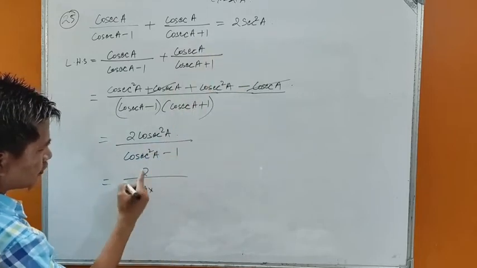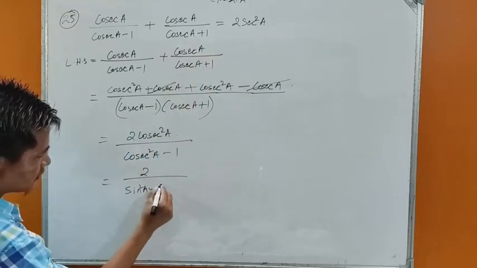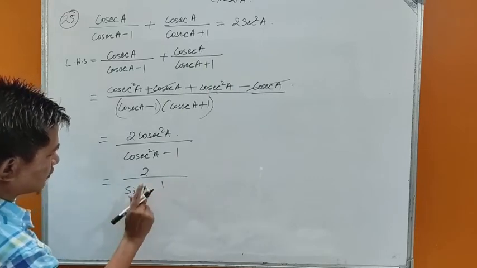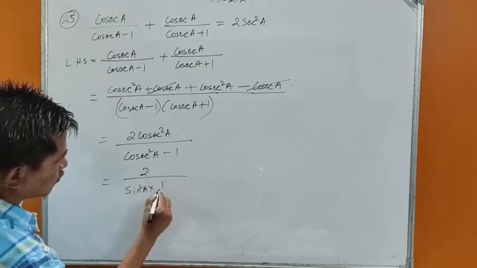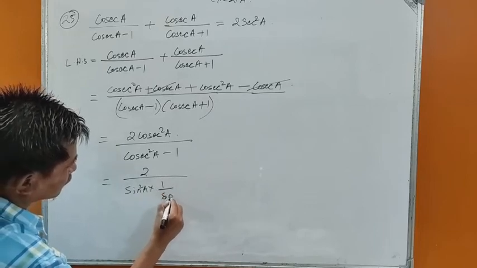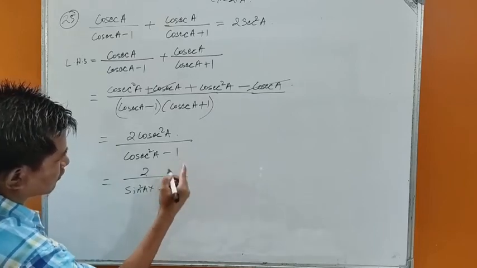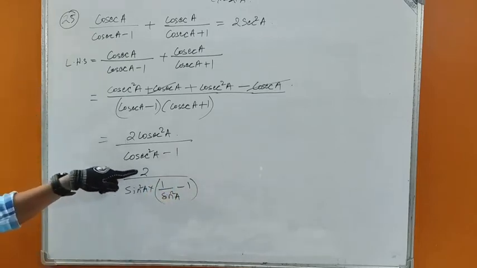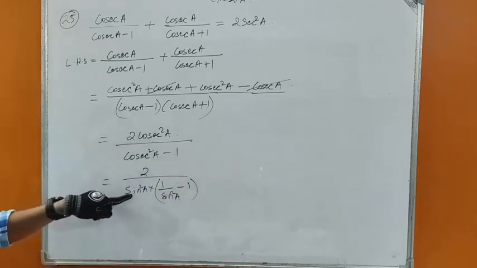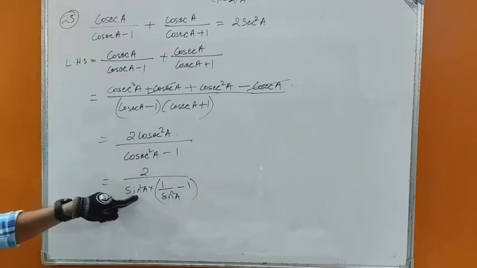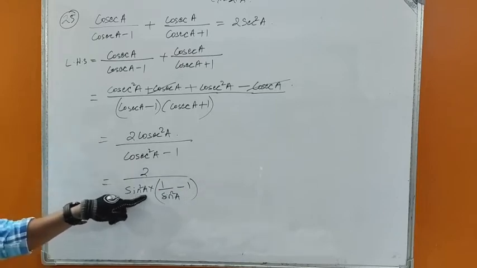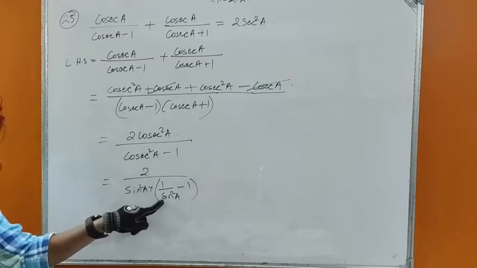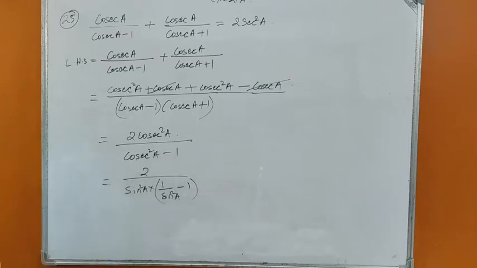So into cosec square A can be written as 1 upon sin square A minus 1. Are you getting me? This 2 is this 2. Cosec square A is taken to the denominator and becomes sin square A, into this cosec square A means 1 upon sin square A minus 1.